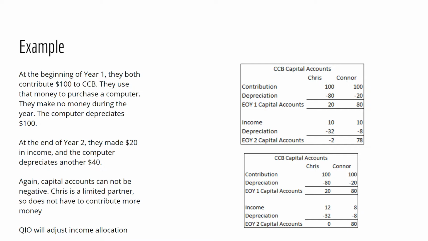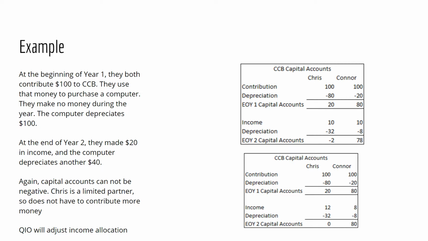They purchase a computer. Except this time, at the end of year two, they have made $20 in income, and the computer is still depreciating another $40. So let's take a look at how this works. You split the depreciation for year two. $32 goes to Chris, $8 goes to Connor, and we split the income as well.